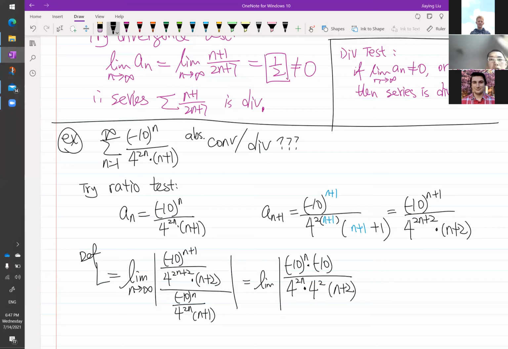So I took the numerator and split 4 to the 2n plus 2 into a product. And remember that I'm dividing by a fraction, so I'm going to multiply by the reciprocal immediately, which is 4 to the 2n times n plus 1, and then negative 10 to the n.